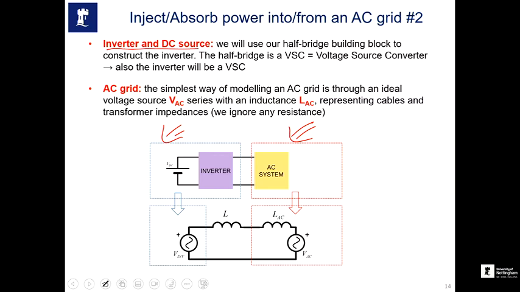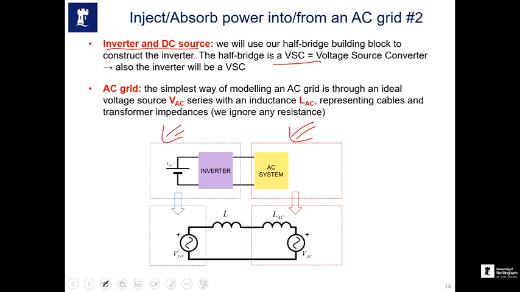As I said, we can use the half-bridge building block to construct the inverter, and the half-bridge block is like a voltage source converter, VSC. In our earlier lectures, you saw that the voltage source converter is nothing but a voltage source. When we did the equivalent circuit of the half bridge, we got a voltage source: a low frequency voltage source plus a high frequency voltage source.